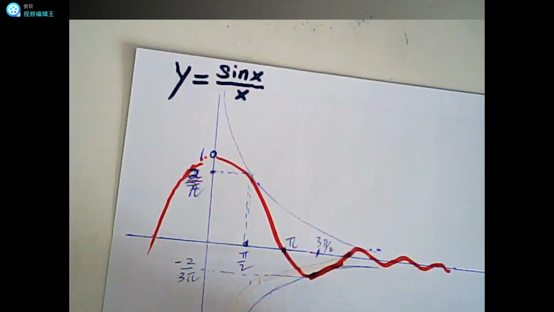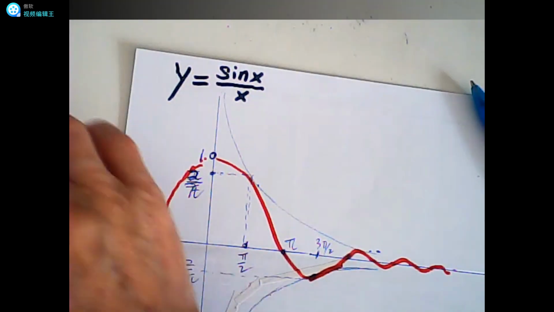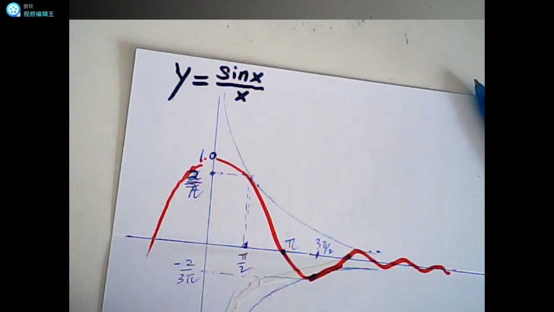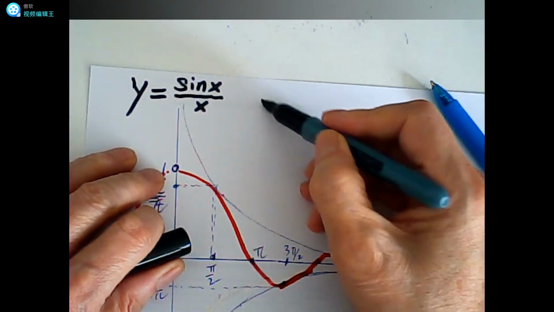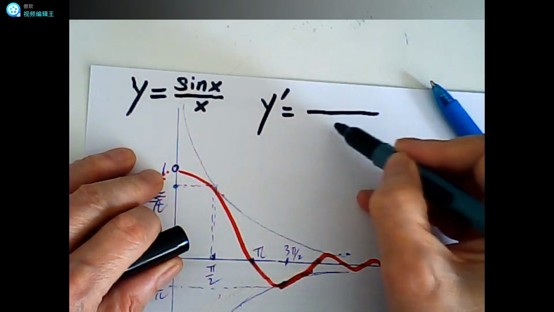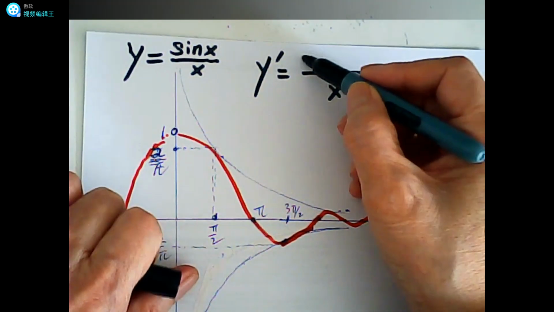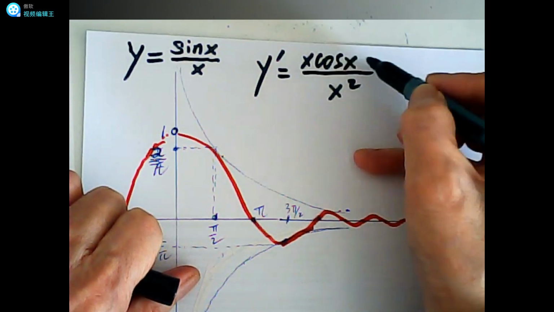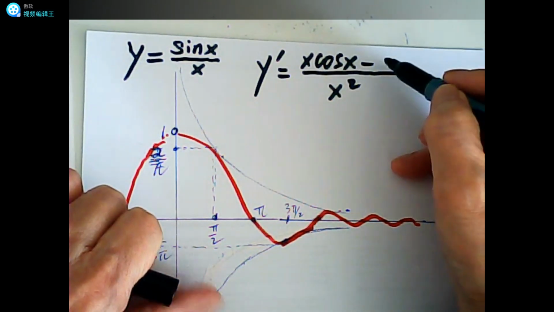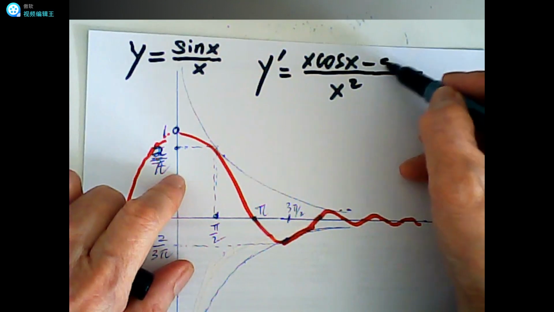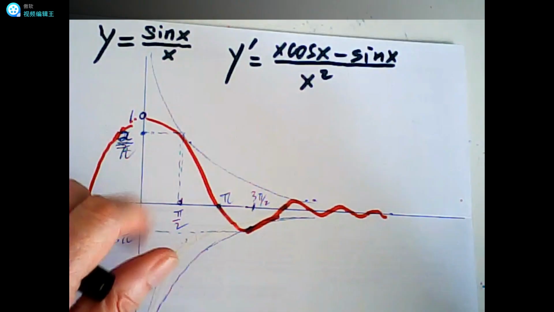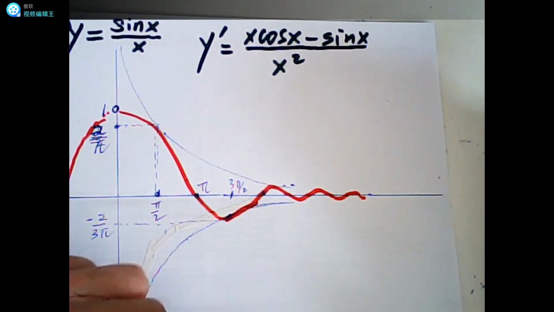Okay, now the same reasoning. The derivative of this one is (x cosine x minus sine x) over x squared.